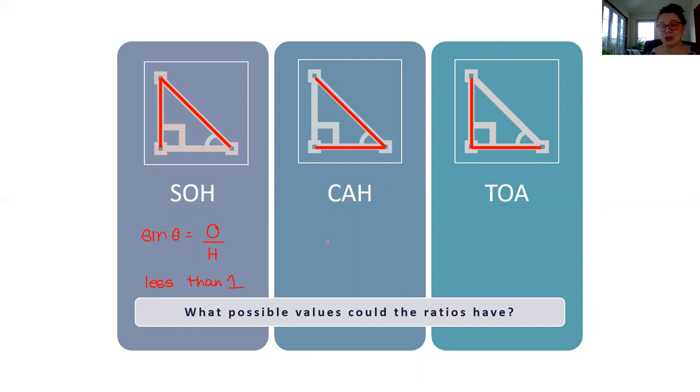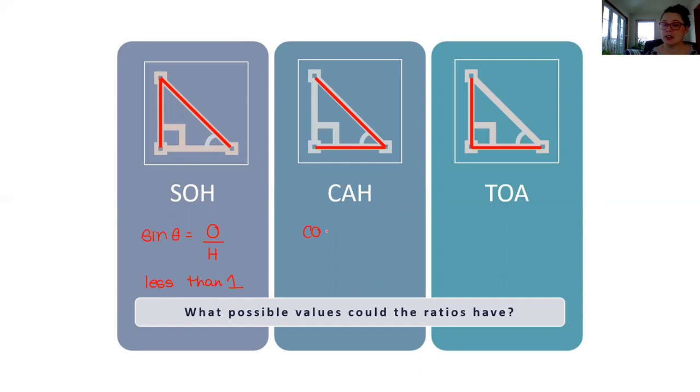So if you are ever trying to find an angle and you have your opposite and hypotenuse ratio bigger than 1, you know you've made a mistake. Maybe you've accidentally labeled your sides wrong. Your calculator will tell you you have an error if you put a ratio larger than 1 in and you use that shift sine function.